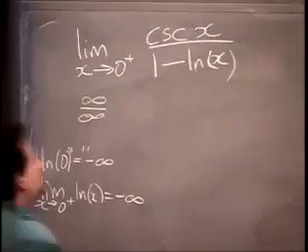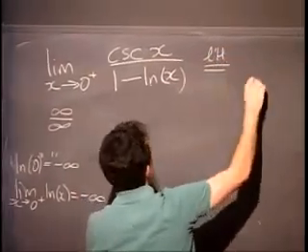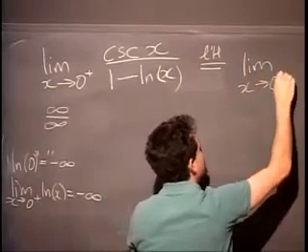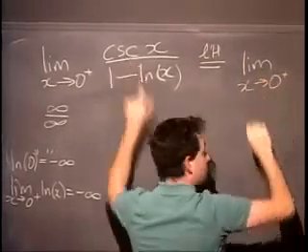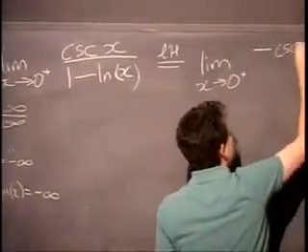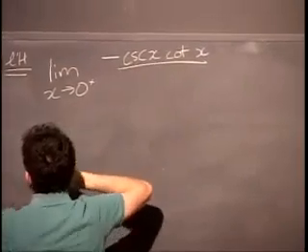And then you are able to use L'Hopital's rule. So if you do, you just have to differentiate the top and the bottom. What do we get? Well, cosecant, the derivative of that is negative cosecant x cotangent x. And the derivative of 1 is nothing.